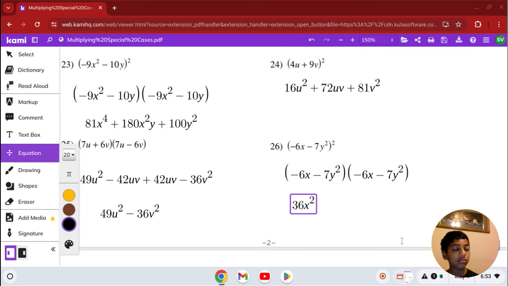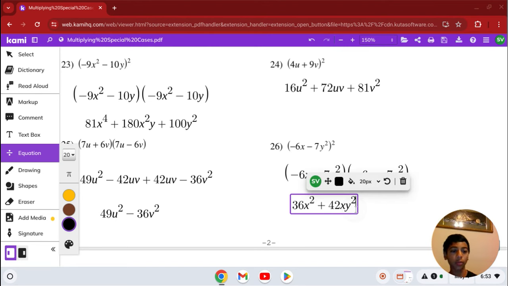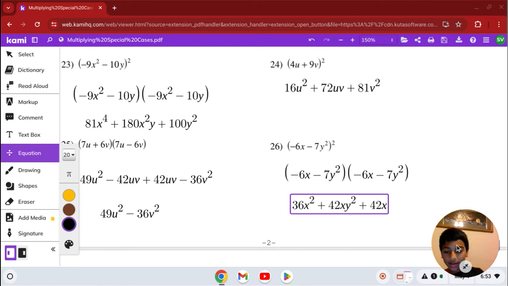Negative 6x times negative 7y squared is plus 42xy squared, or you can put y squared x, plus 42xy squared, which is the same thing, and finally plus negative 7y squared times negative 7y squared is 49y to the fourth.